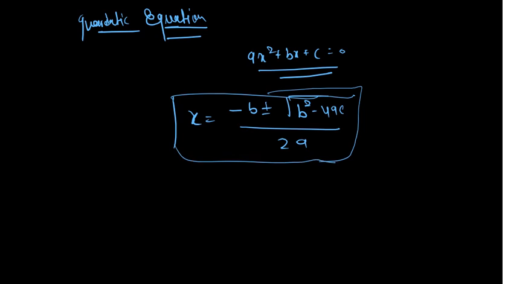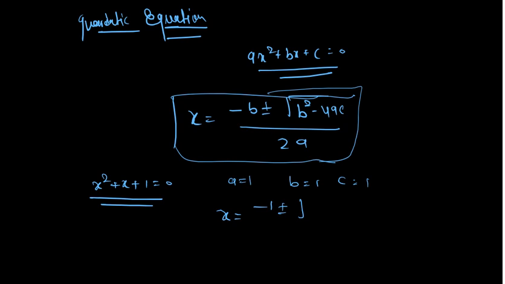For example, if I have the question x square plus x plus 1 is equal to 0, it is required to get the value of x. Here a is 1, b is 1, c is 1. So x is minus 1 plus minus square root of 1 minus 4 divided by 2, which is minus 1 plus minus square root of minus 3 divided by 2.